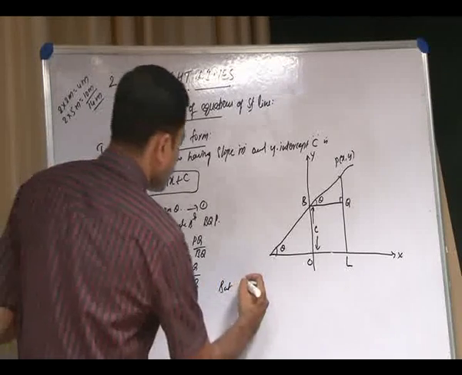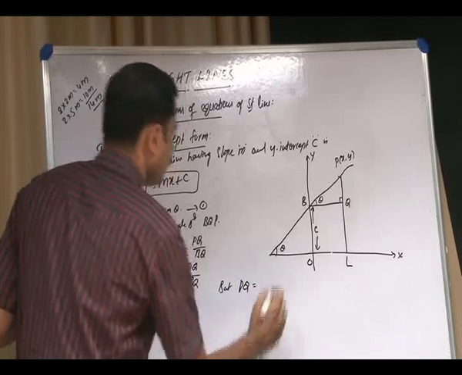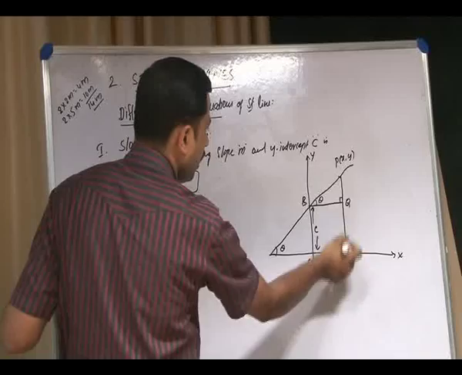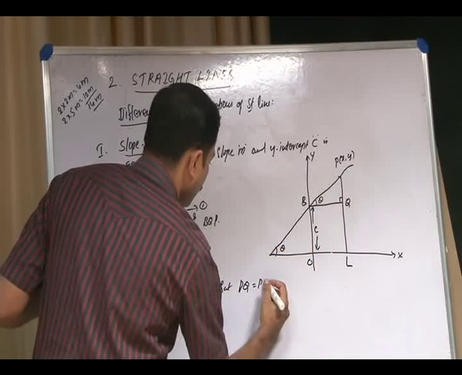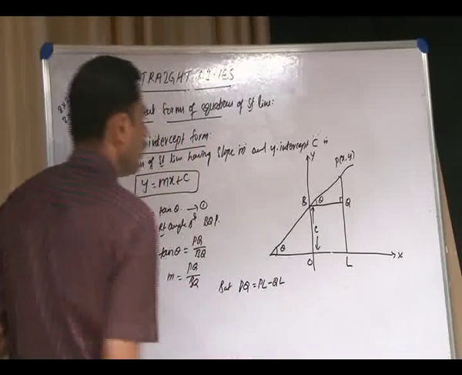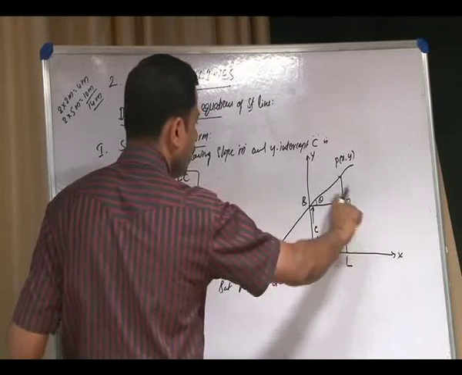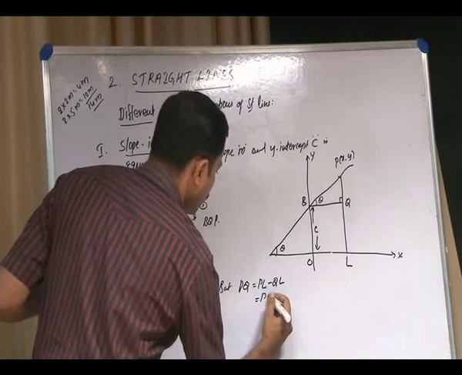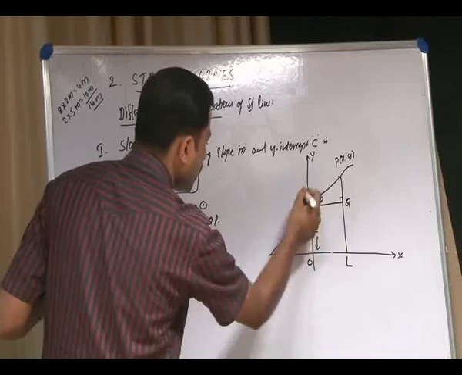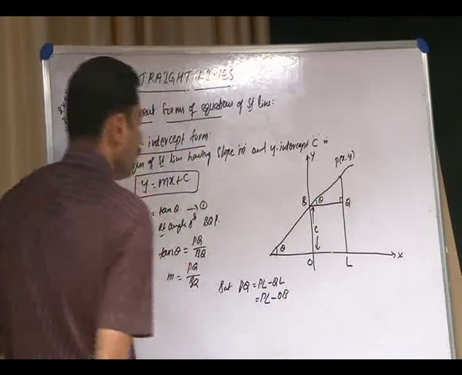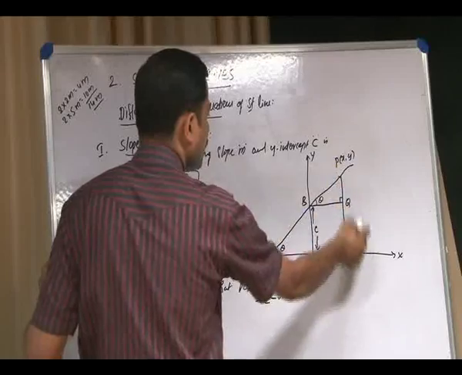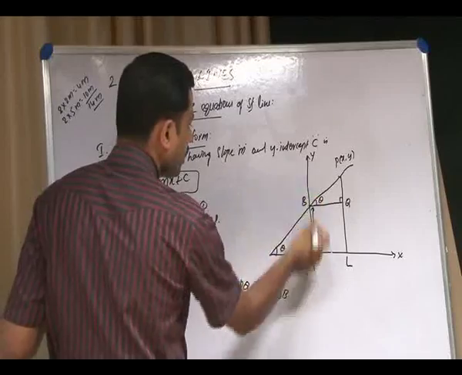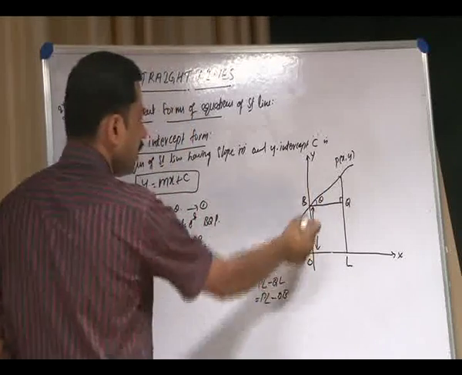But from the figure it is clear that PQ can be written as PL minus QL, and this distance QL is numerically equal to OB. So, PL means the y coordinate of this point P, that is taken as y itself, and OB is nothing but the y-intercept of the line, that is represented as c.